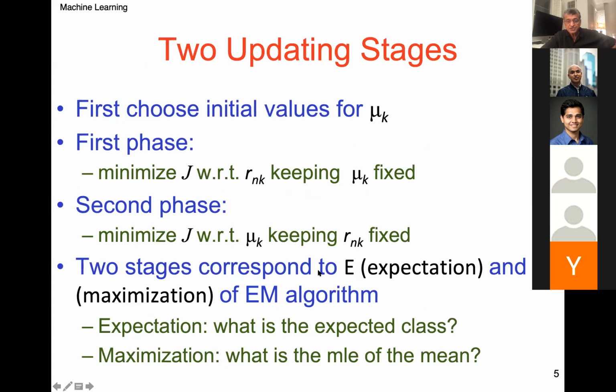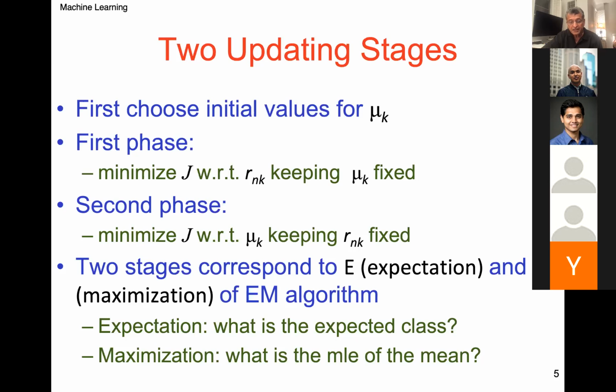First, choose the initial values for mu_k. And then the first phase is to minimize J with respect to r_nk, keeping mu_k fixed. So we're saying choose some arbitrary values for the 3 means. We don't know, or maybe we have a rough idea where the means might be. We just pick it up. And then you say, run through all your r_nk values, trying out various combinations of zeros and ones.